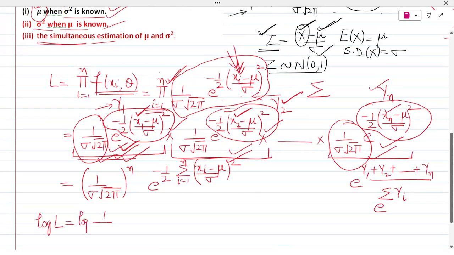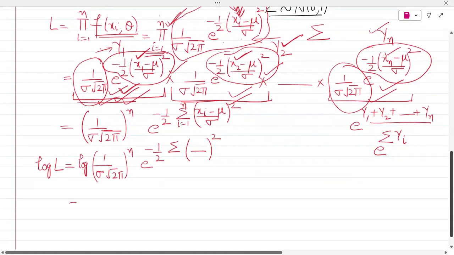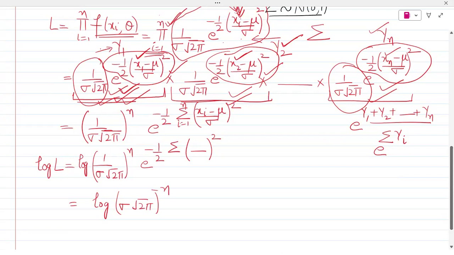So log of this sigma term raised to n, and e to the minus half, and this whole term of xi minus this one. So now this is log of sigma term plus log e to the minus half summation, the same.